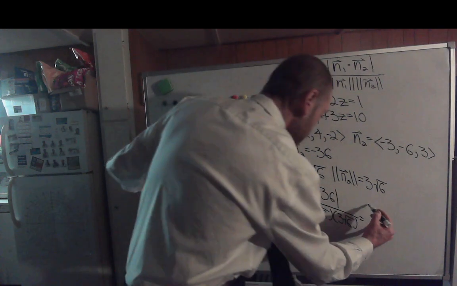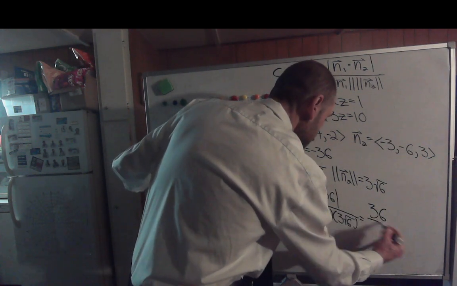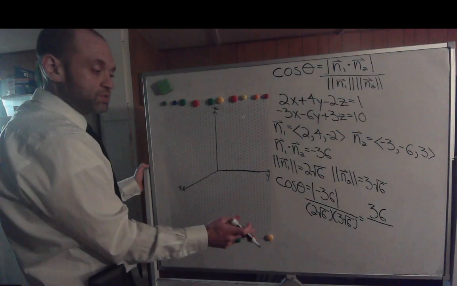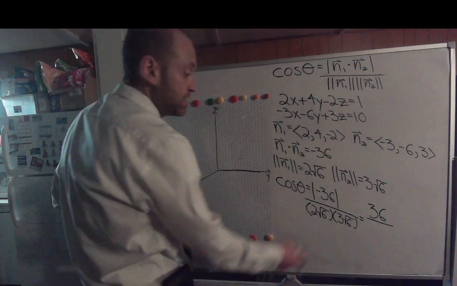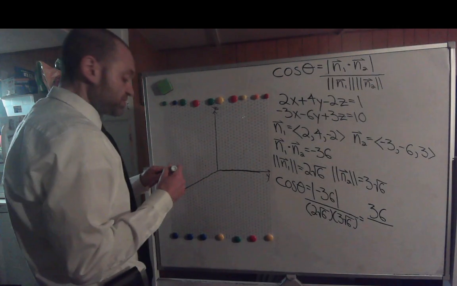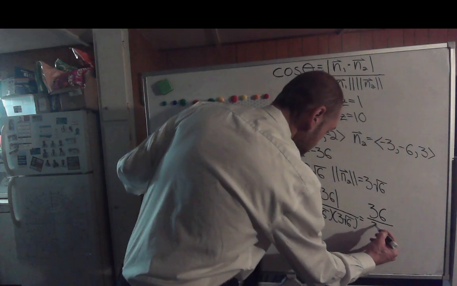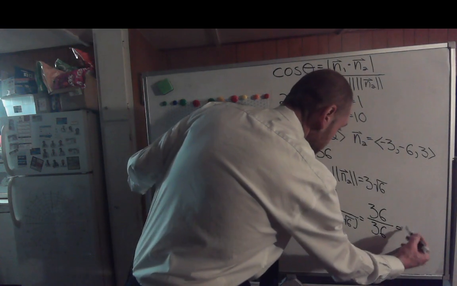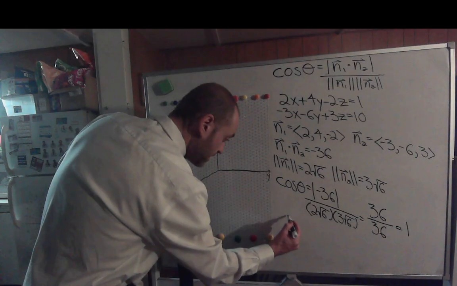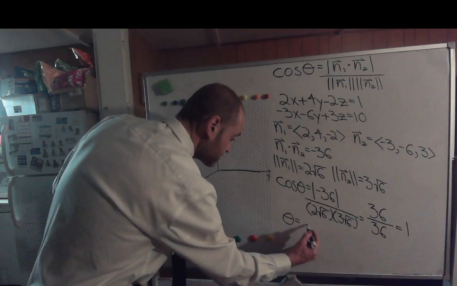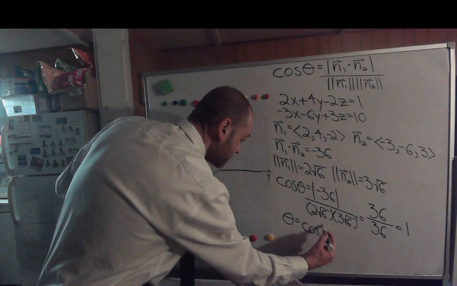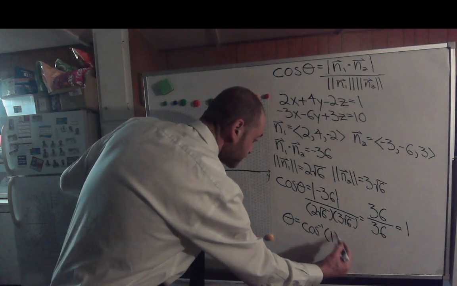Well, that would equal positive 36 divided by the product of those two values. Square root of 6 times square root of 6 is 6, times 2 times 3, well, that's 36, which equals 1. So then we end up that theta equals the cosine inverse of 1.